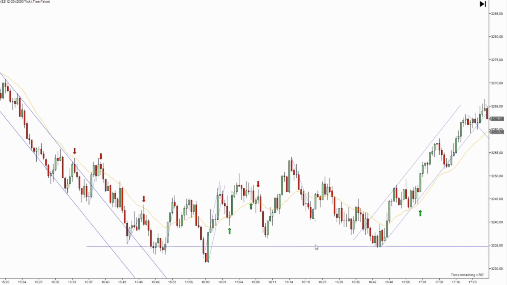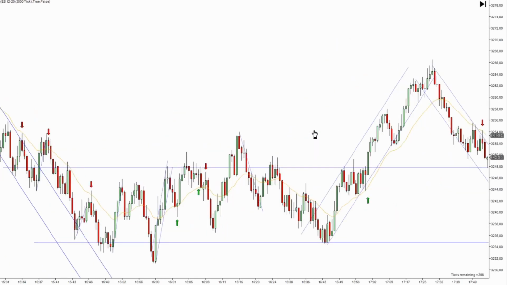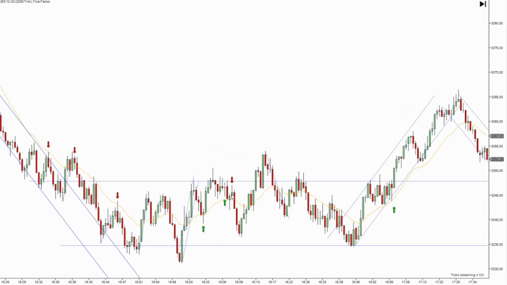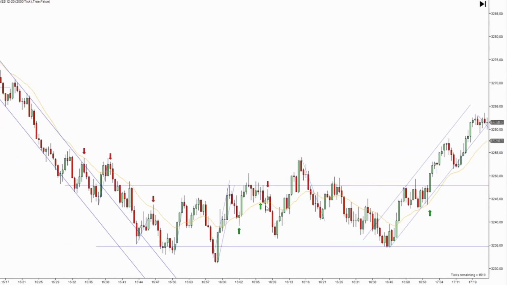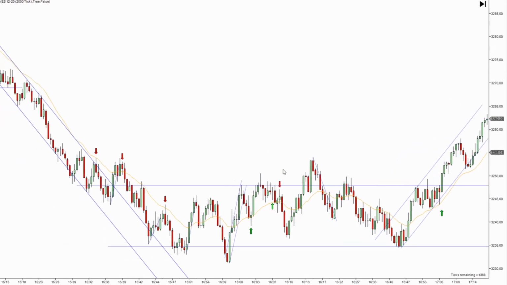I may actually mark it here so you can see it a little bit better. You can see that there are some tops here forming nicely, and they went long here, late, and once we reverse on them like this, I like this trade for a quick scalp, quick trap. So hopefully this makes sense.